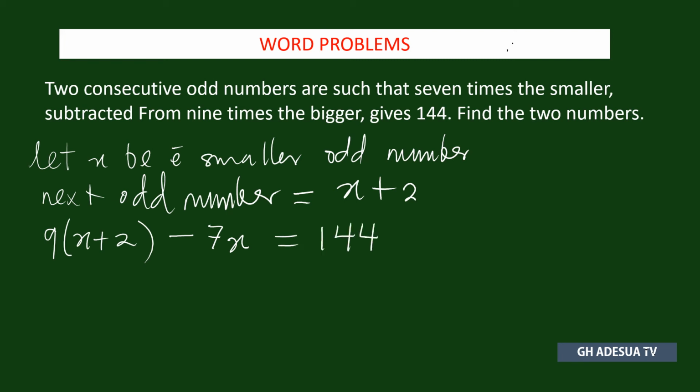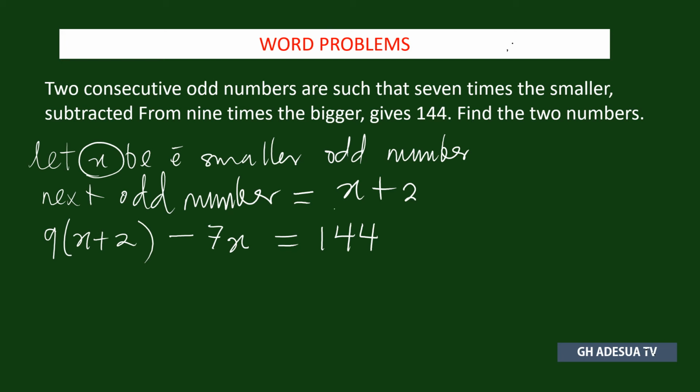Let me try and explain this again. Now, you have 2 odd numbers, a first one and the second one. Certainly, the first one is smaller than the second one, or better still, the second one is bigger than the first one. So if the first one is x, and like I explained, every odd number differs from the other one by plus 2. So 11 plus 2 is 13.